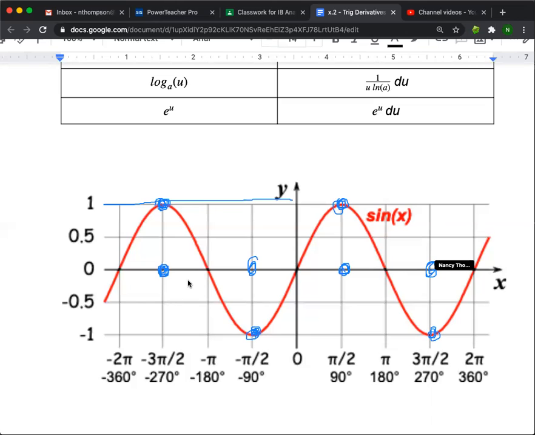Okay? So from there, I can now look at the slopes at different points. So let's look at the slope here. Here at x equals 0, the slope should be 1. So when I look at that slope, it looks to be a positive 1. So I'm going to place my value at 1. And then here at this point, it looks to be negative 1.